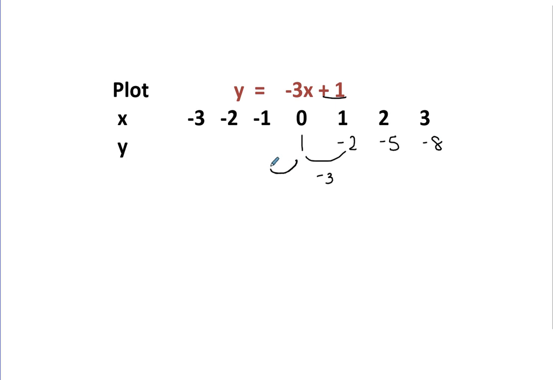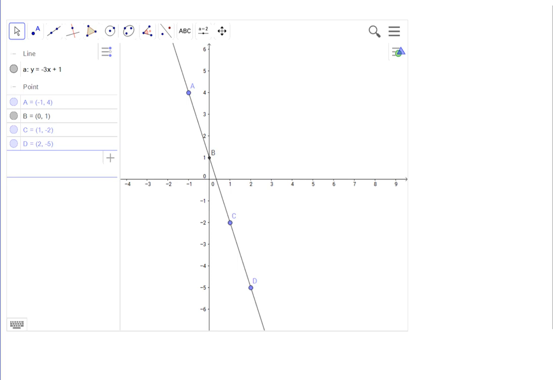Whereas if you're going that way, you're adding 3. So 1 plus 3 is 4, plus 3 is 7, plus 3 is 10. Okay? And again, if you sketch it, you can tell you've got the line y equals minus 3x plus 1.